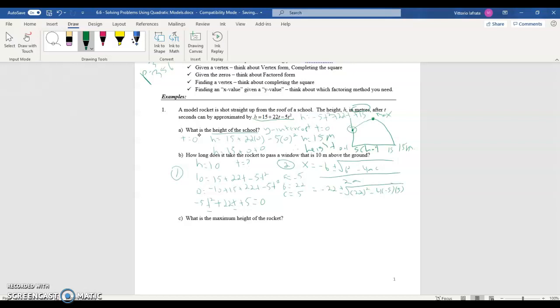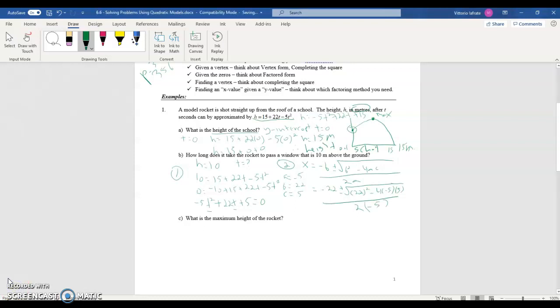over 2 times 2a, so let's add that here. The a is negative 5.